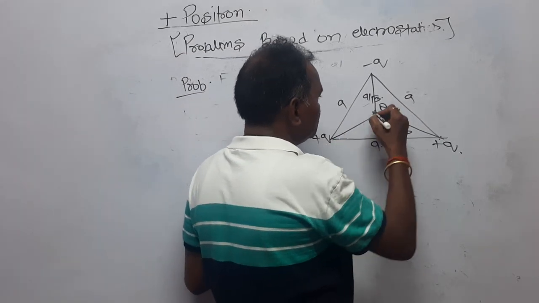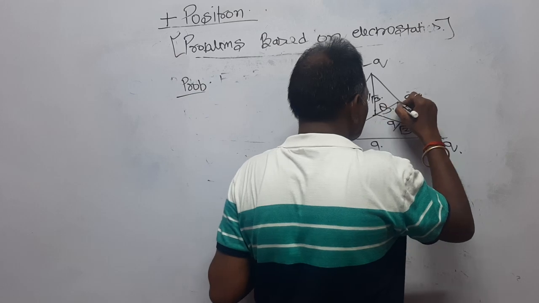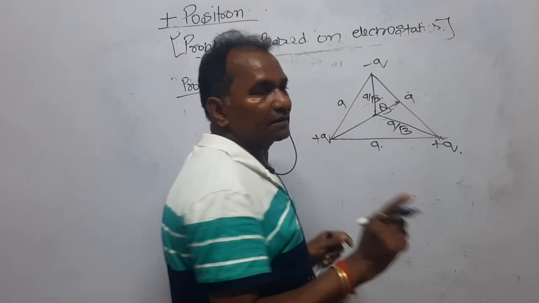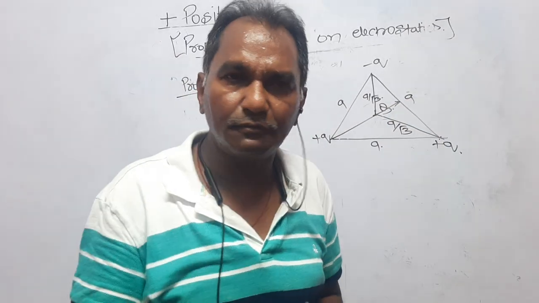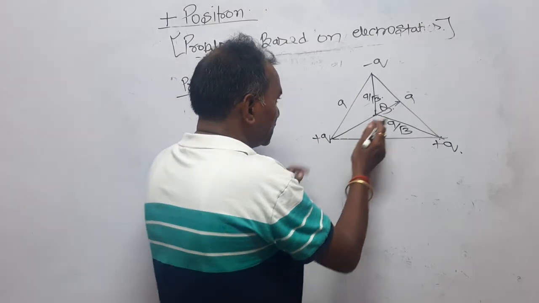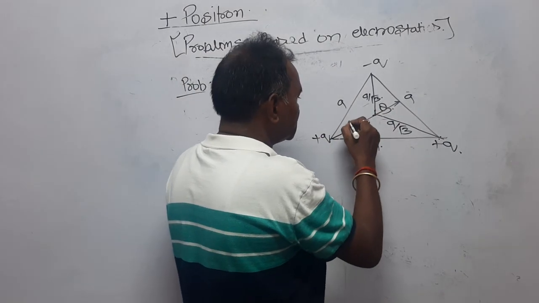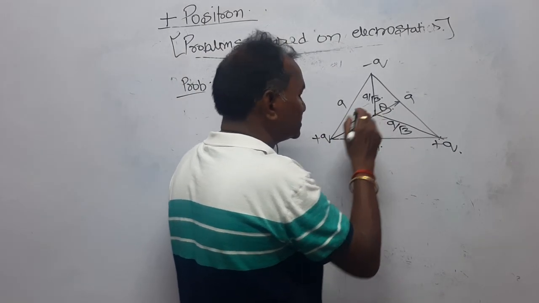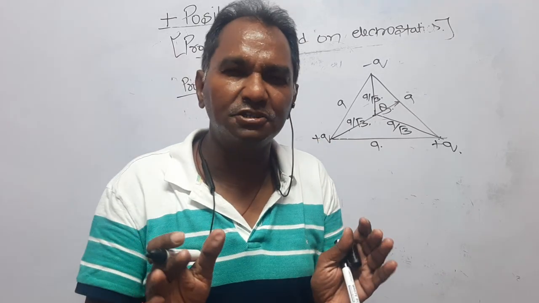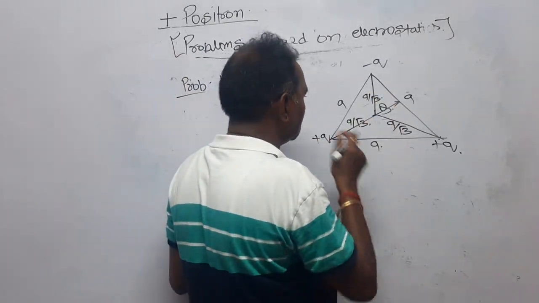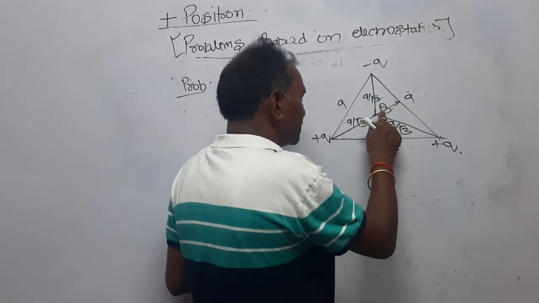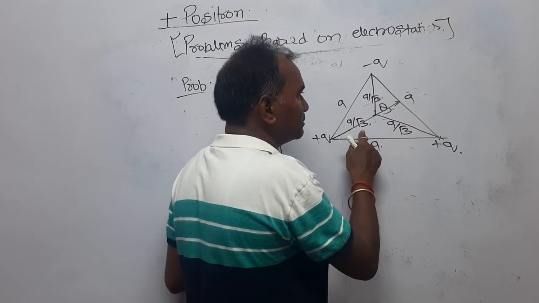This positive charge will repel like this charge like this. In all the cases, I am considering the force F because the charge and the distance, the whole combination is the same in all the three cases. Here the charge is capital Q, small q, distance is a by root 3.